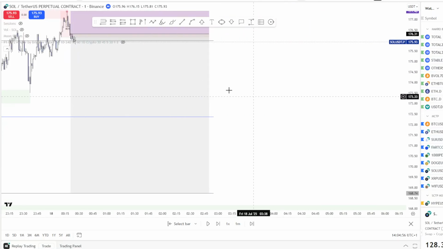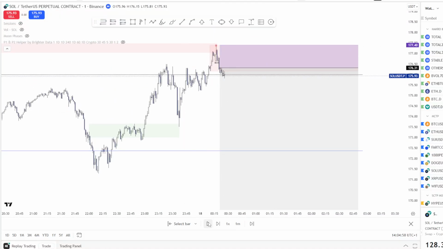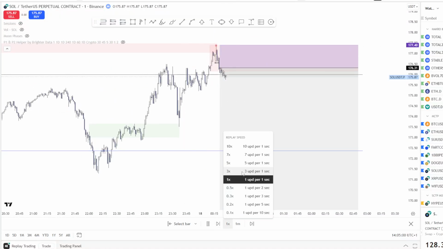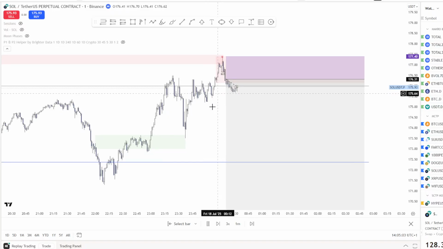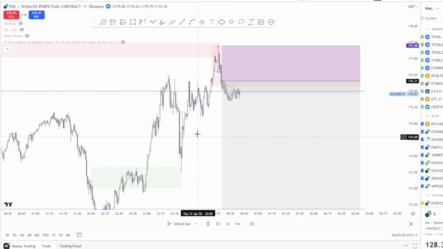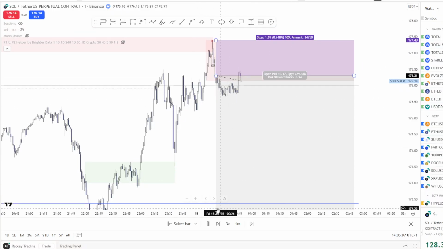Now I don't want to rush the price action, so basically you put it on 3x speed and look what happens.